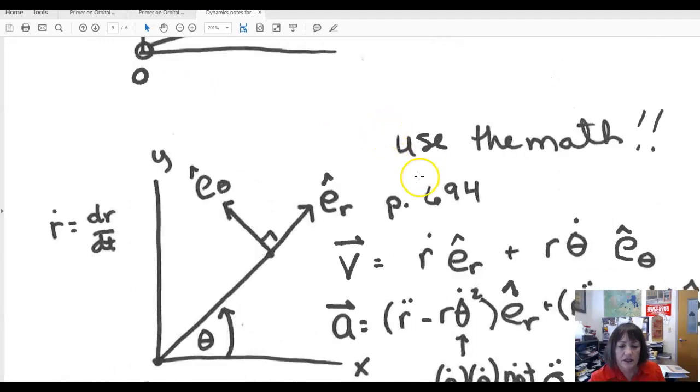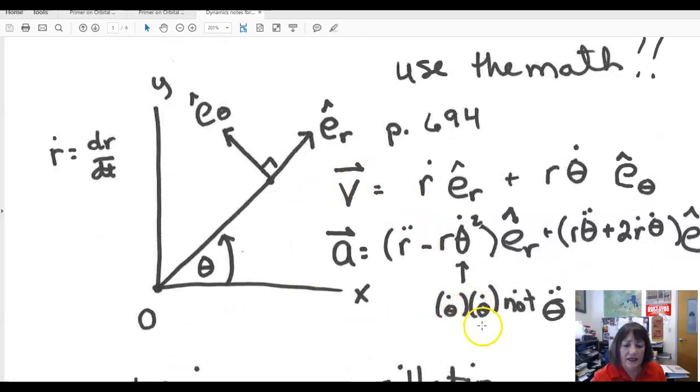So the equations for our radial transverse coordinates are in your textbook on page 694. And they're mathematically a little more complicated than the normal tangential or the rectilinear coordinate systems. So the velocity v as a vector has a component in the radial direction and a component in the theta direction.